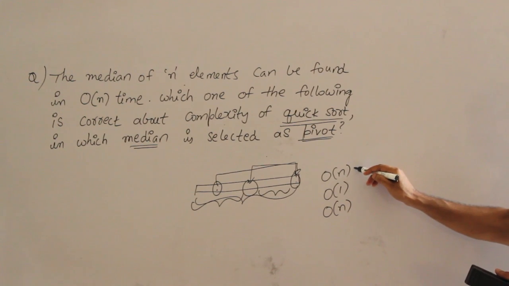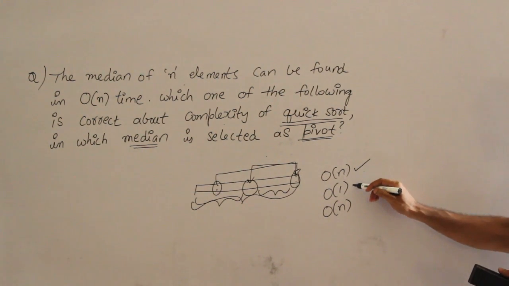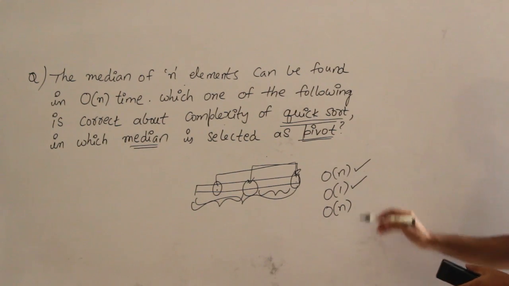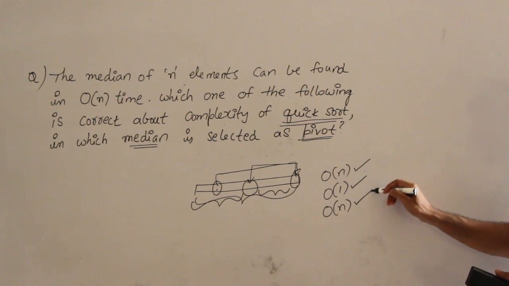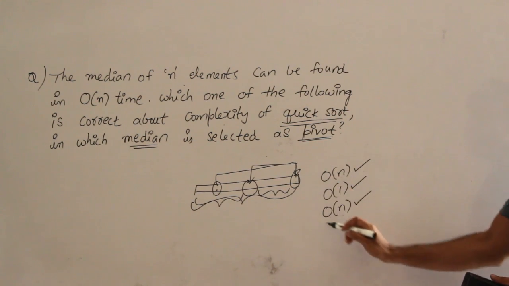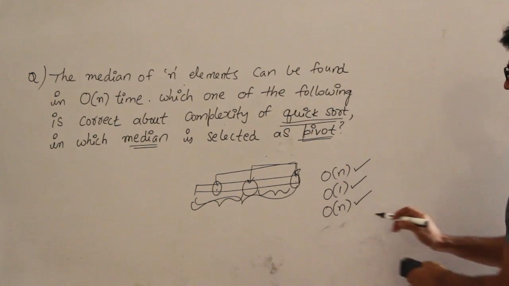Therefore, first find the median, for which the time taken is order of n, then put the median at the end of the list you want to sort, and then call the partition algorithm. Now we get two problems of size roughly n by 2 and n by 2.